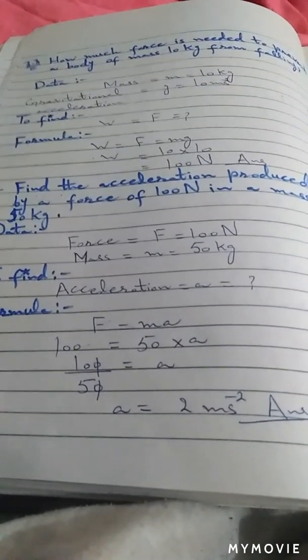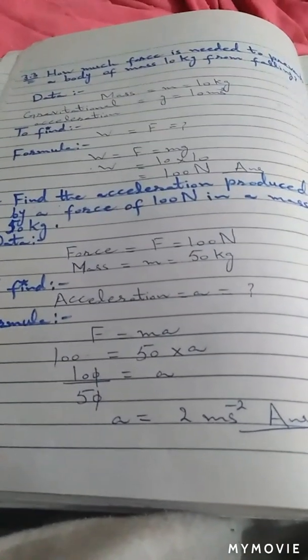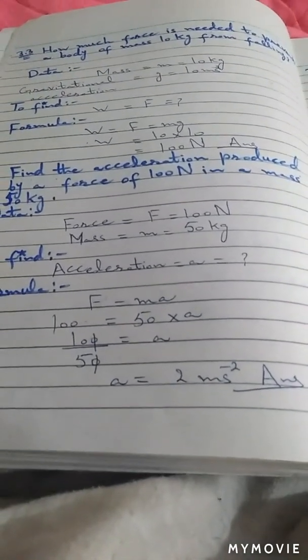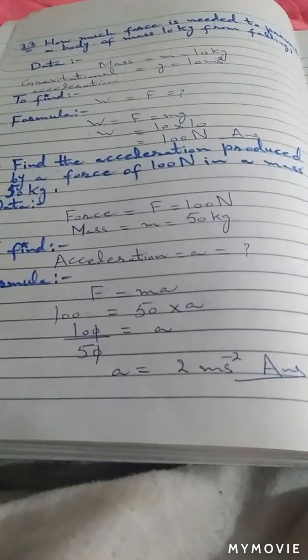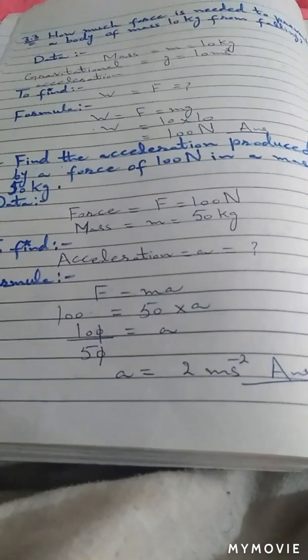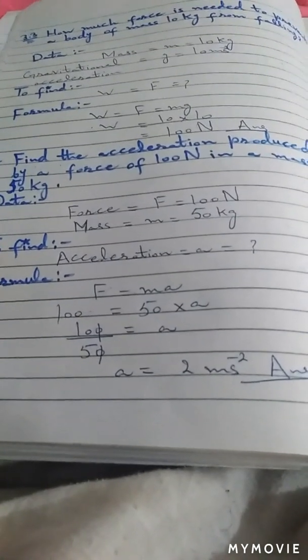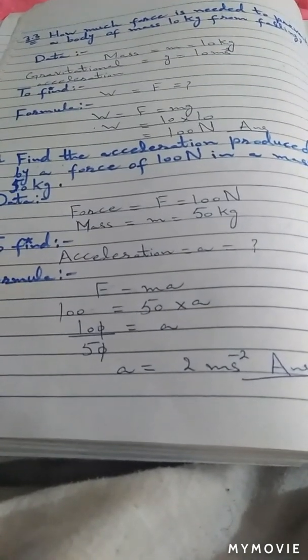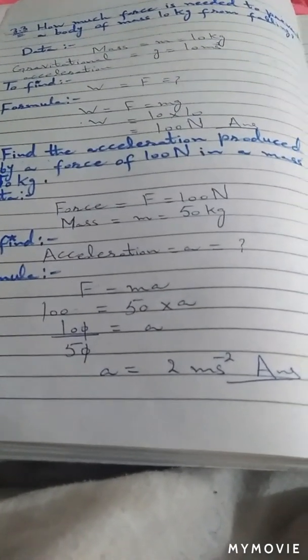So to find here is the acceleration, and by using the formula F is equal to ma, by putting the value of force and mass, we get the acceleration that will be equal to 2 meter per second square.